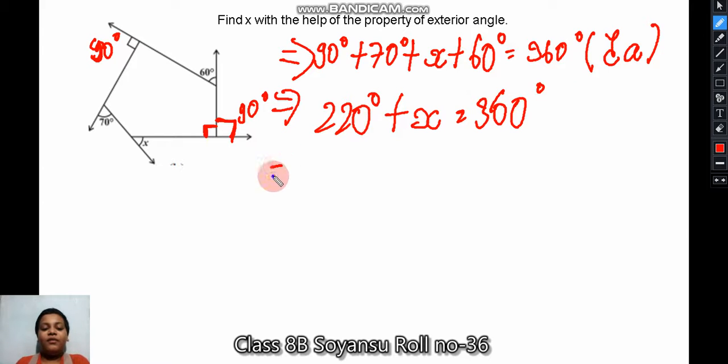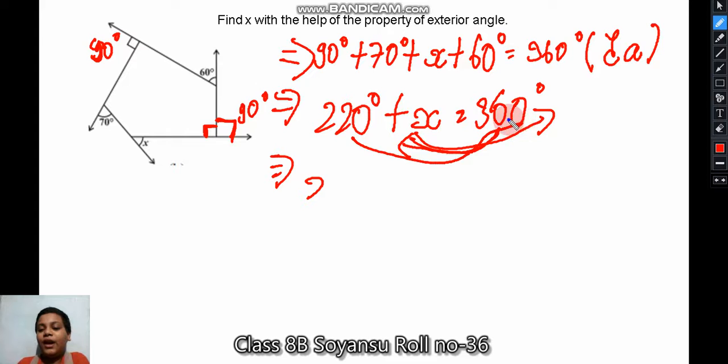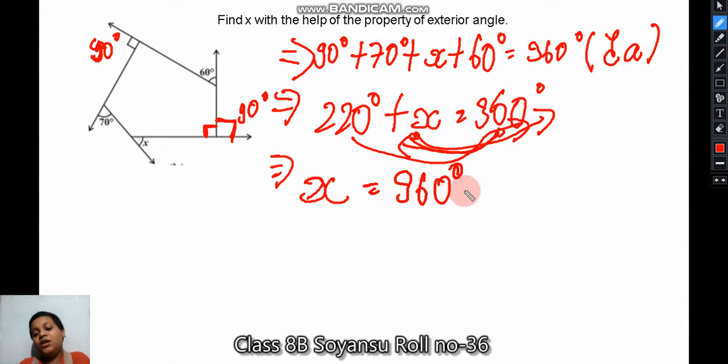Then we will take x on one side and 220 degrees on the other, and x will remain here only. Then x is equal to 360 degrees minus 220 degrees. Why?